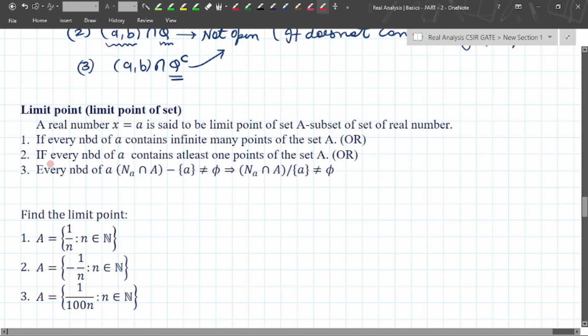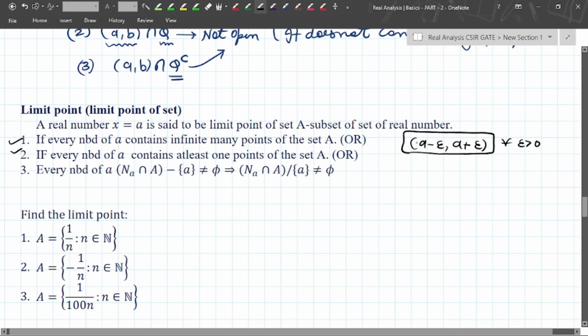Another thing: if every neighborhood of x contains at least one point, what is the meaning of these two? The neighborhood, meaning (x minus epsilon, x plus epsilon) for every epsilon greater than 0, contains infinitely many points.